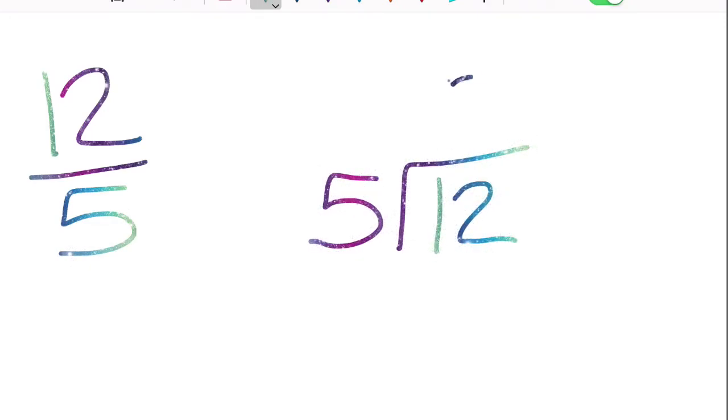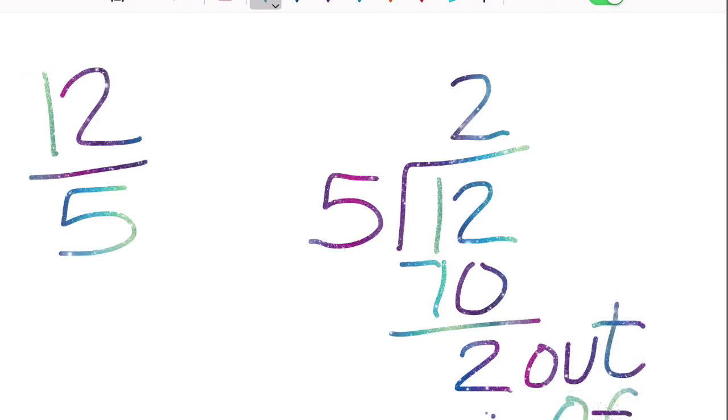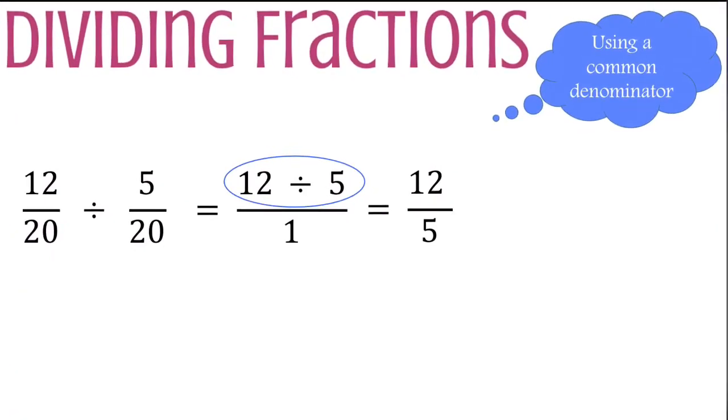We can make 2 whole groups using 10 pieces, leaving us with 2 out of, draw a line here, 5 as our fraction. So we have an answer or equivalency of 2 2/5.